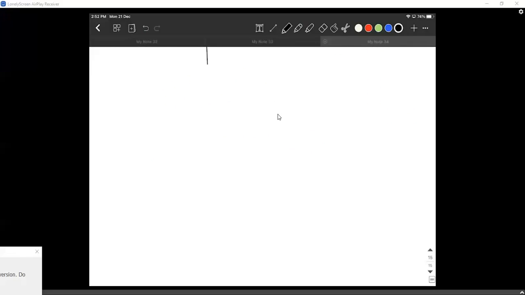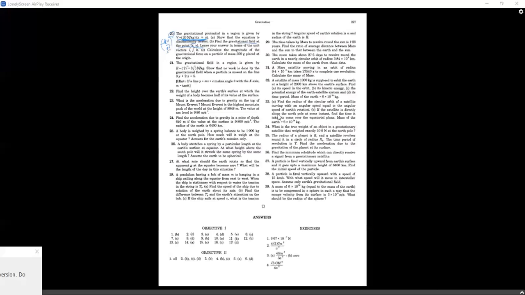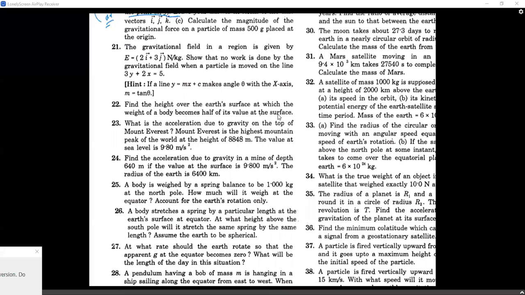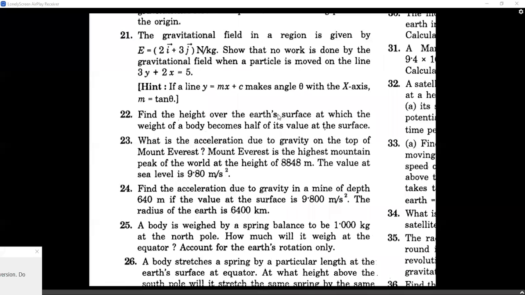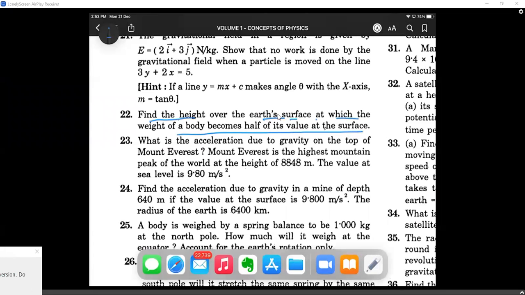Now, coming to the next idea. Why don't we look at some problems regarding that? Look at problems 22, 23. 21 is the old problem; we've already done that kind of model. Look at 22. Find the height from the Earth's surface at which the body's weight becomes half. So he's clearly asking at what point. Let's discuss these things here.